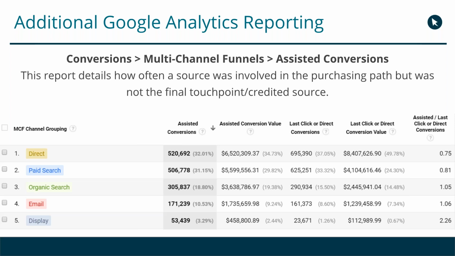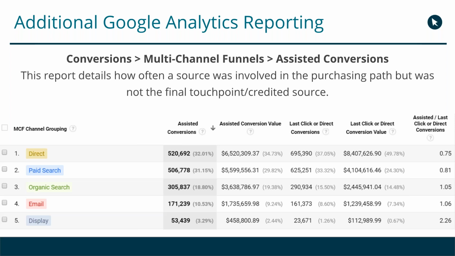We're not saying that this assisted conversion value is exactly how much revenue this influenced. It's more about understanding that some of these channel groupings might have low last click or direct conversions, or might have very high, but aren't involved heavily with a customer's purchase path. So it's just another report to complement the other modeling that we've already shown.